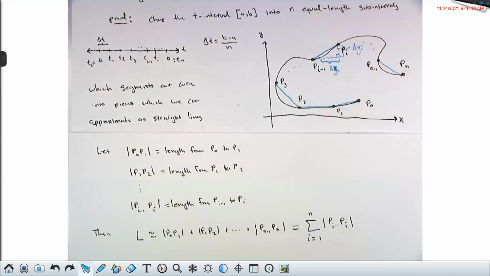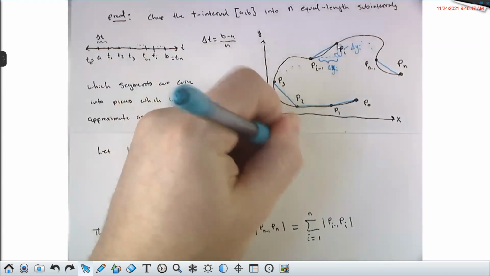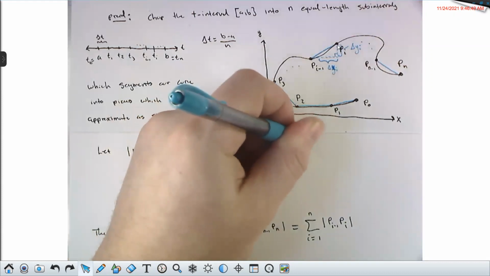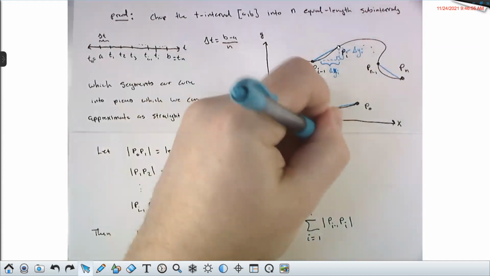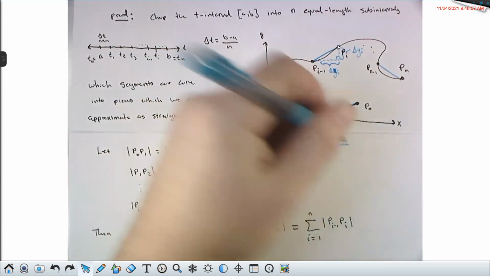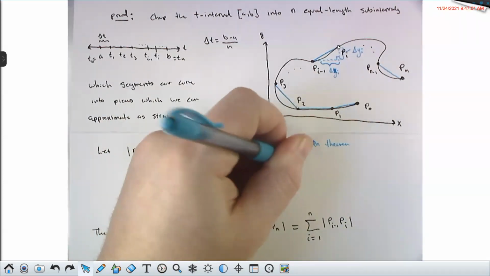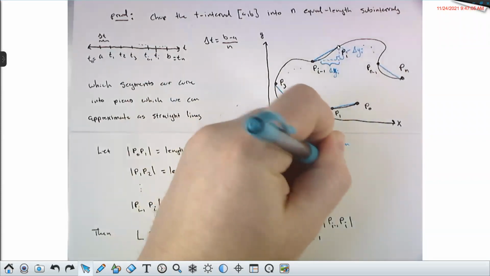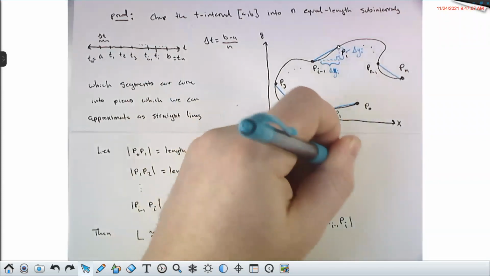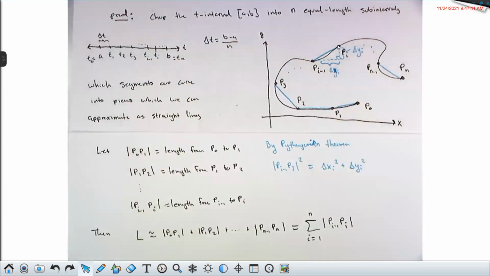And by the Pythagorean theorem, the length Pi minus 1 to Pi squared is delta xi squared plus delta yi squared.